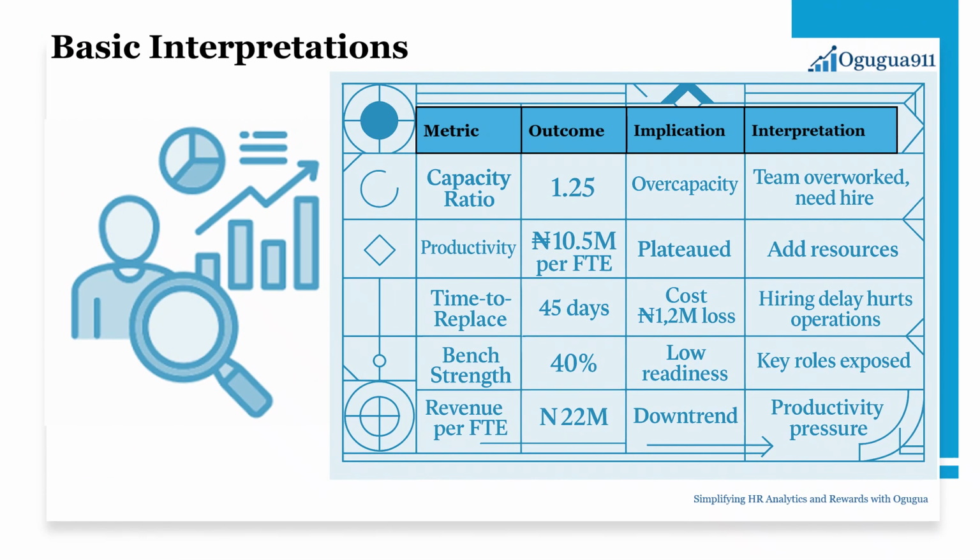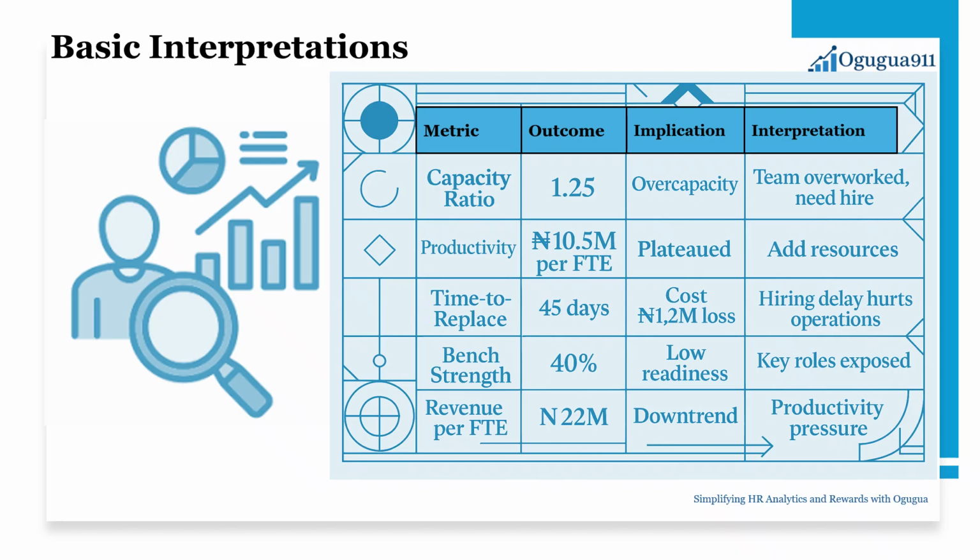Let's take a quick recap on the 5 hiring metrics that we can use to secure approvals. We said that for capacity ratio, when our outcome is greater than 1, it means that the team is overstretched. And in the case of productivity that has plateaued, that is, productivity is no longer increasing, it's just staying the same, even though workload or revenue might still be rising, it means that we need additional resources. We need a new team member.